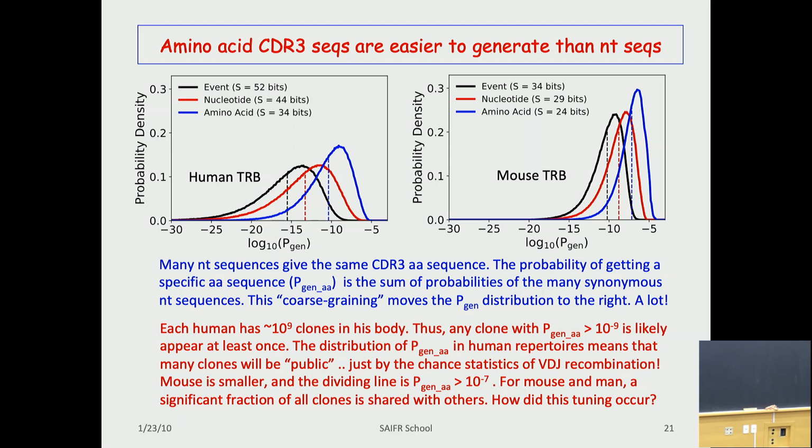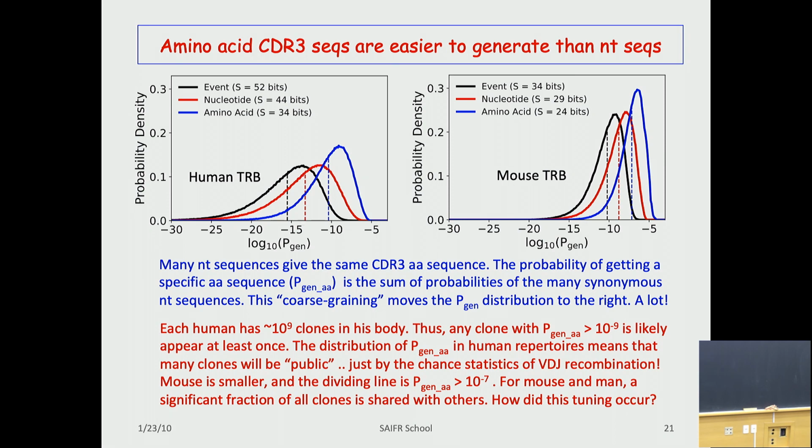So here, the red curve has a mean indicated by that dashed line, and the blue curve has a mean indicated by the blue dashed line. Roughly speaking, the generative probabilities per a particular class of sequence move up by about a factor of 1,000.